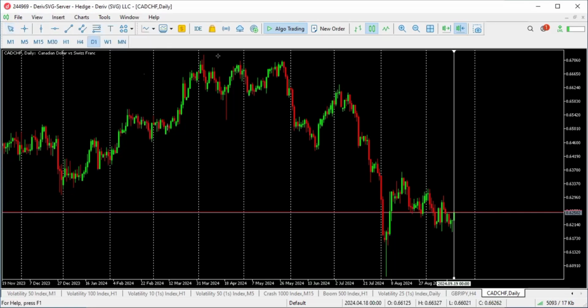Take a look at it. How long did it take them to form this high? 1 month, 2 months, so approximately 2 months was used to form this high.